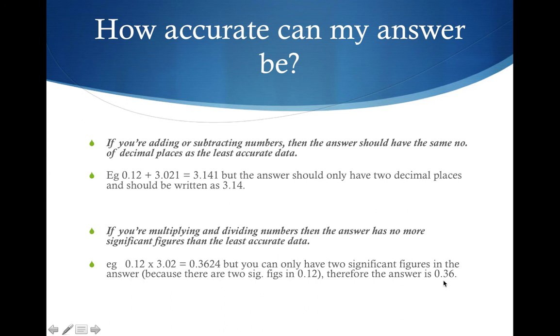So our answer is going to be 0.36, because our answer has to be to 2 sig figs, because that's our least accurate bit of data. The other thing that's worth bearing in mind is that whilst you would round it like this when you write it down on your piece of paper, you would keep the full number on your calculator. Otherwise, you're going to get rounding errors creeping in. So a little error where you've rounded in step A, by the time you get through to the last part of a question, can have a big impact.